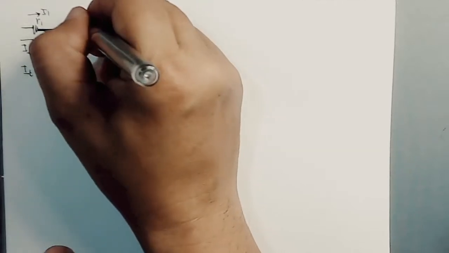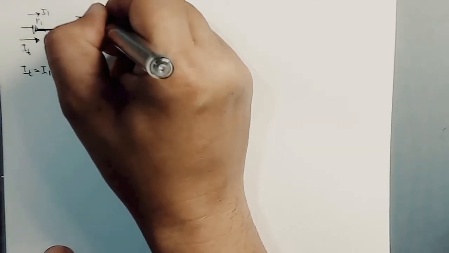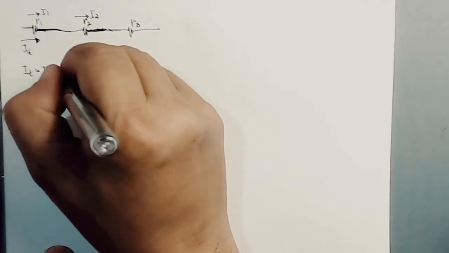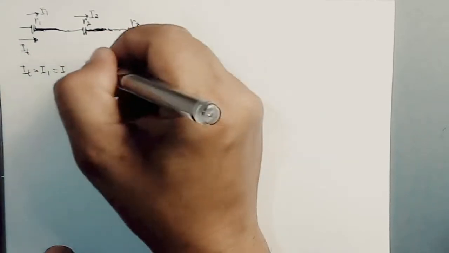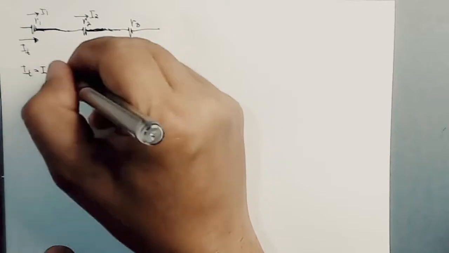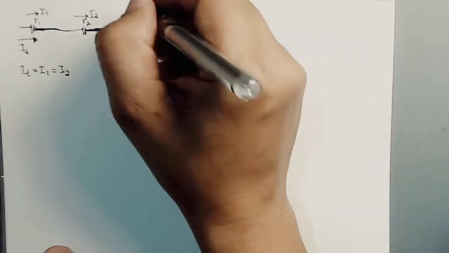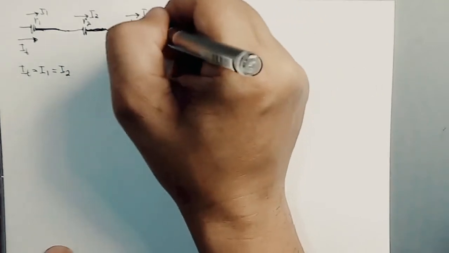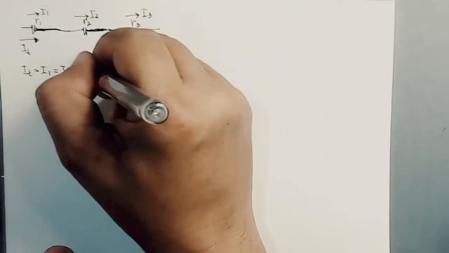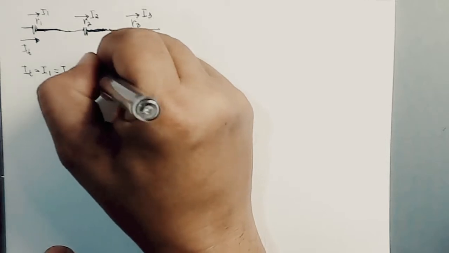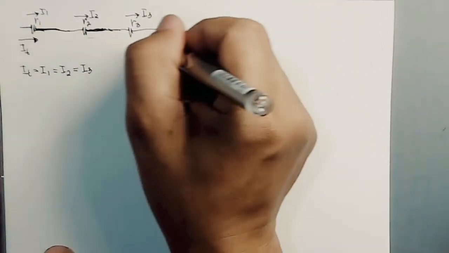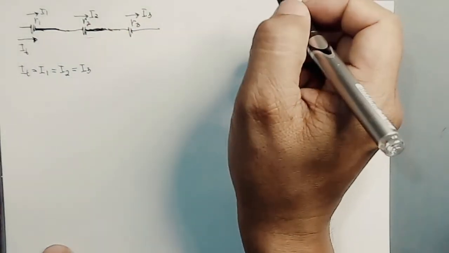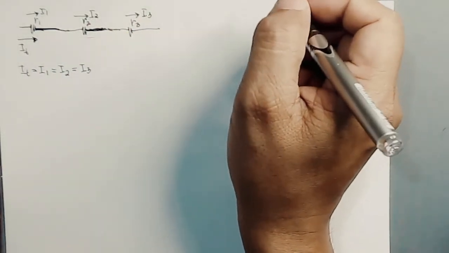So also with R sub 2, the current here is I sub 2. I sub 2 is also equal to I sub T. And also I sub 3 is equal to I sub T. So all throughout, the currents are the same, since R1, R2, and R3 are connected in series.